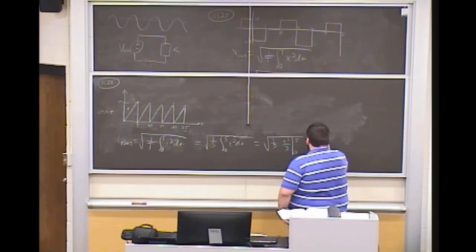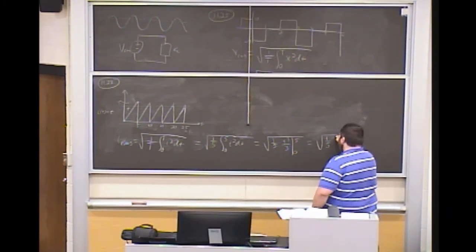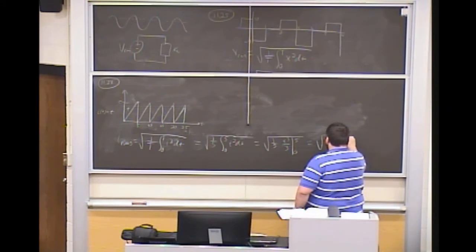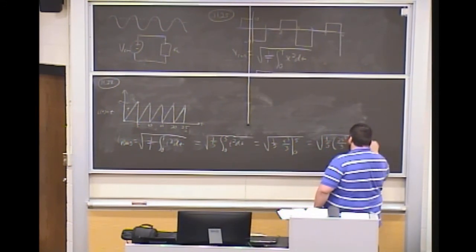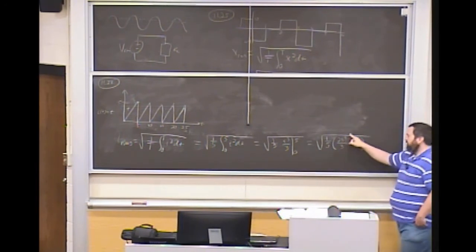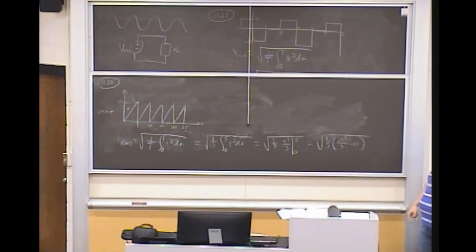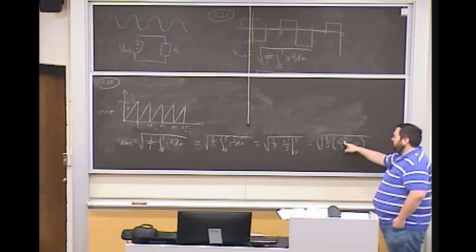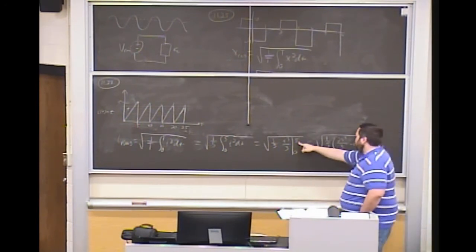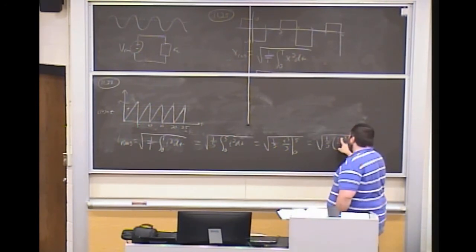So this is going to be the square root of 1/5 times 5 cubed over 3 minus 0. Wait, why did I do that? 5 to the 3rd, sorry.